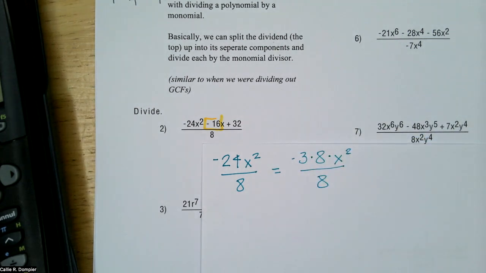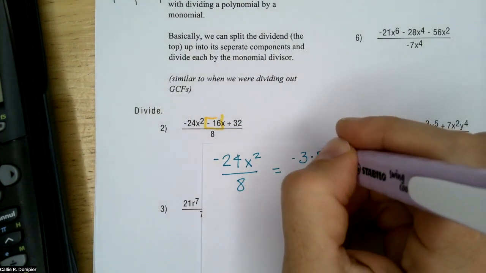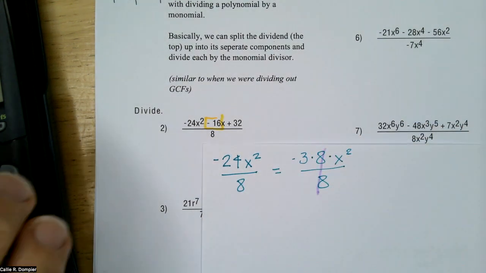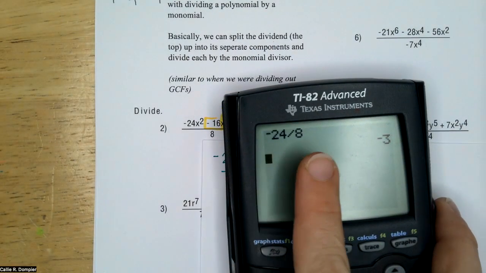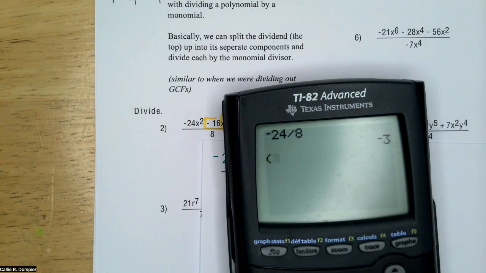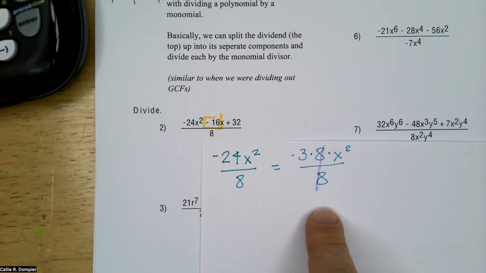When we cancel out those 8s, we get negative 3, which is just what we're doing here. We get the same answer. So we're doing what the calculator's doing, but I just showed you the steps the way I do it.